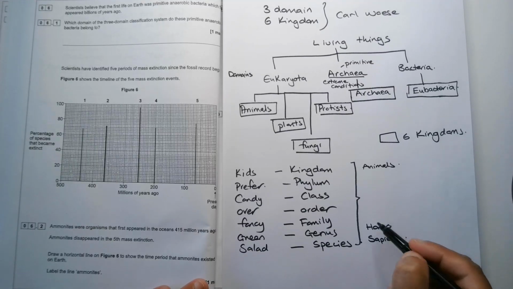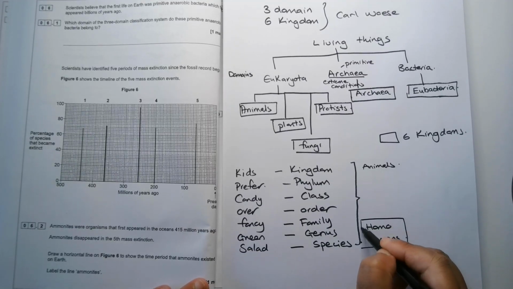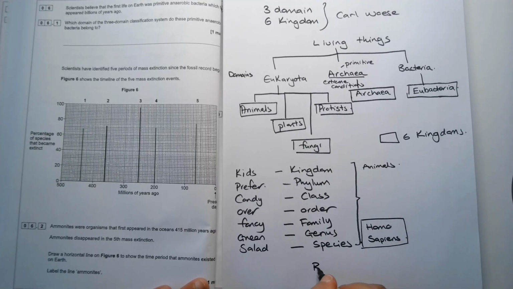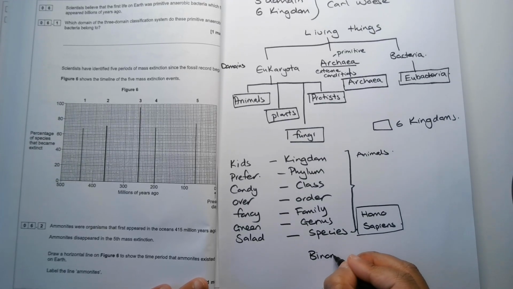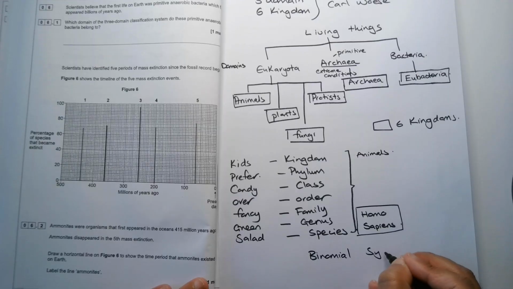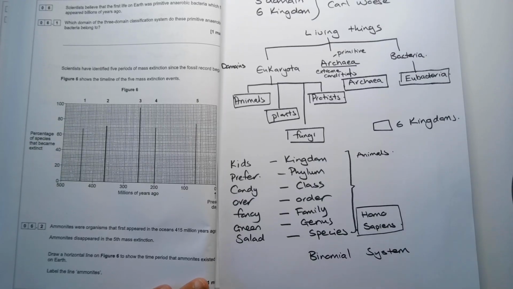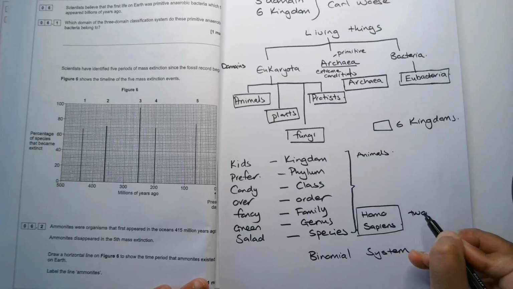Then also you need to know the binomial system. So binomial, again, was proposed by Carl Linnaeus. Binomial system is a system used to name all living things. All living things have unique Latin names. So for humans is Homo sapiens. You have 2 words.